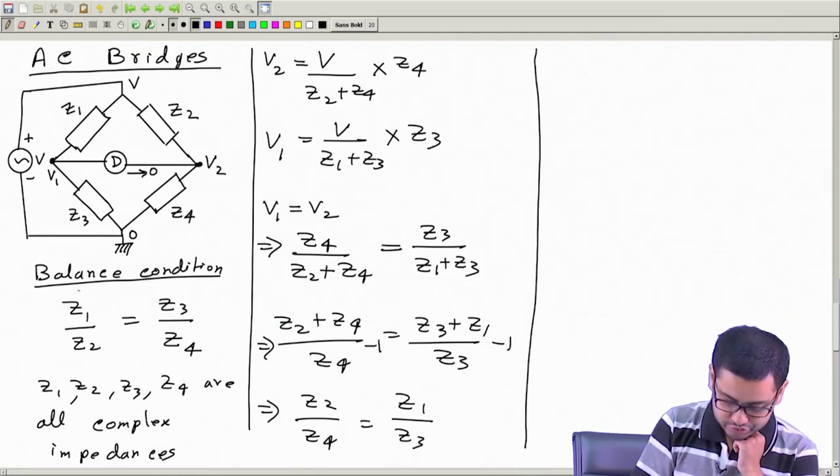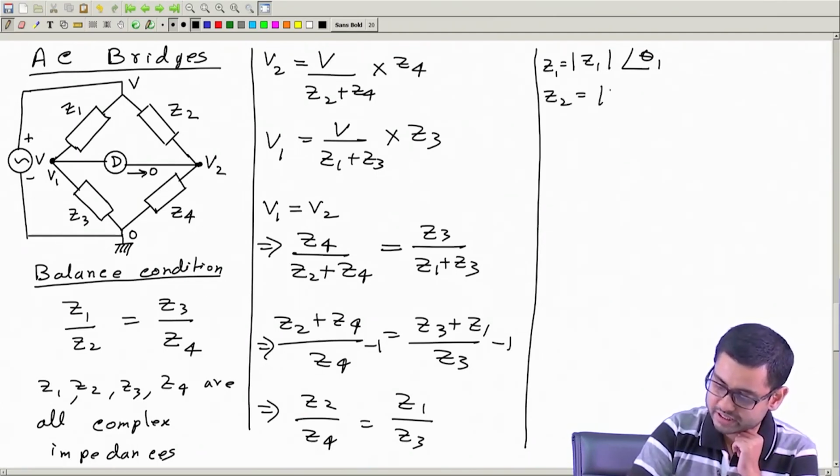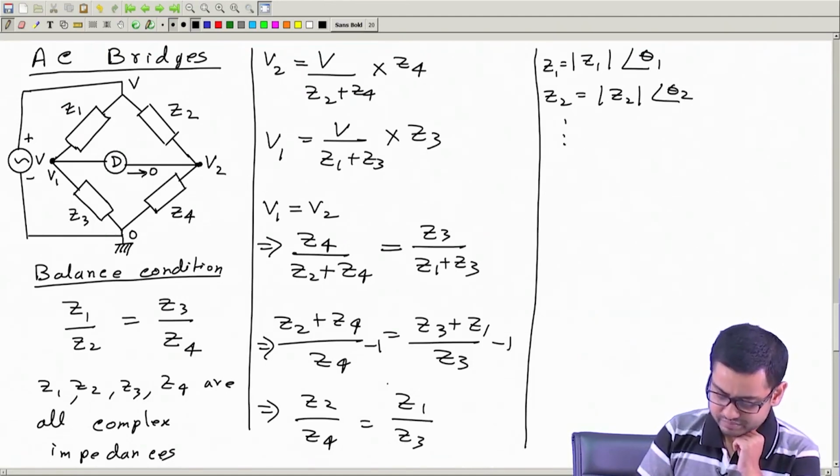If we write this Z1 as the magnitude with the angle theta 1, similarly, Z2 equals its magnitude with angle theta 2. These are complex numbers, and so on Z3, Z4.